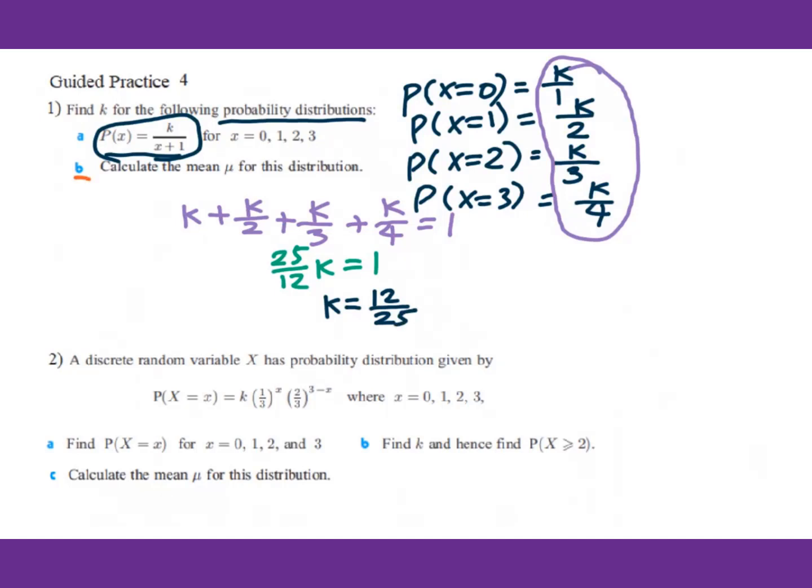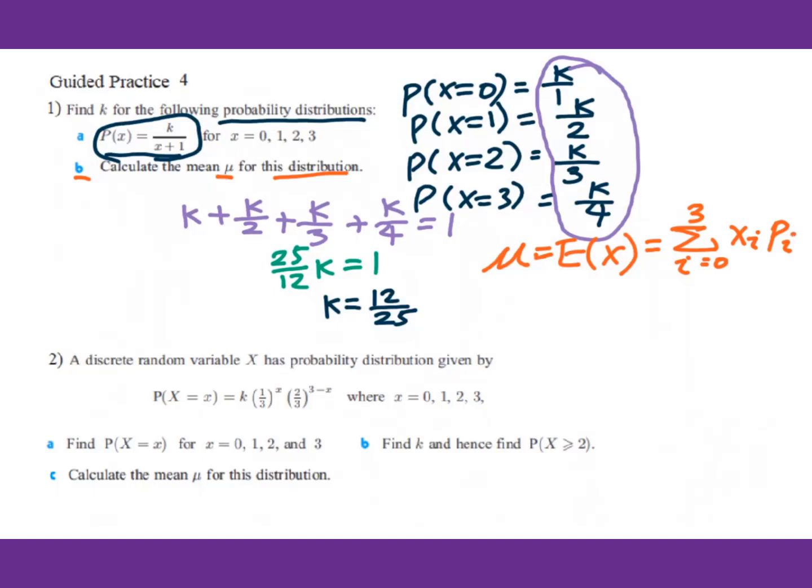For B, calculate the mu for this distribution. As we know, the mu equals expectation of x. That equals the sum for i from 0 to 3 of xi pi.